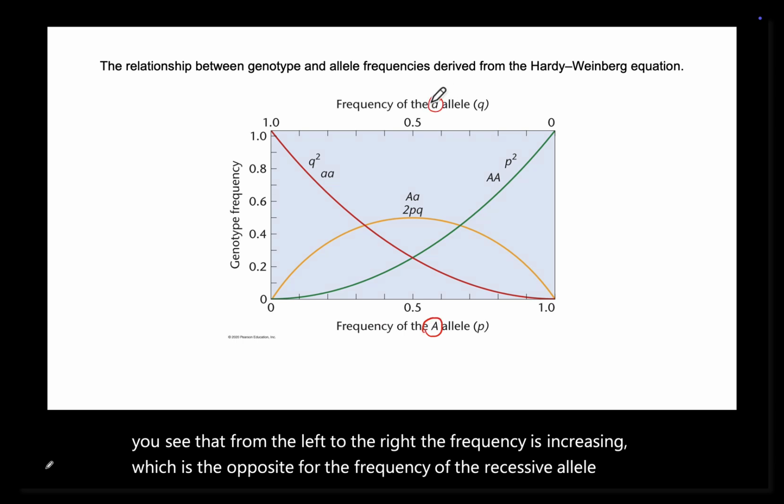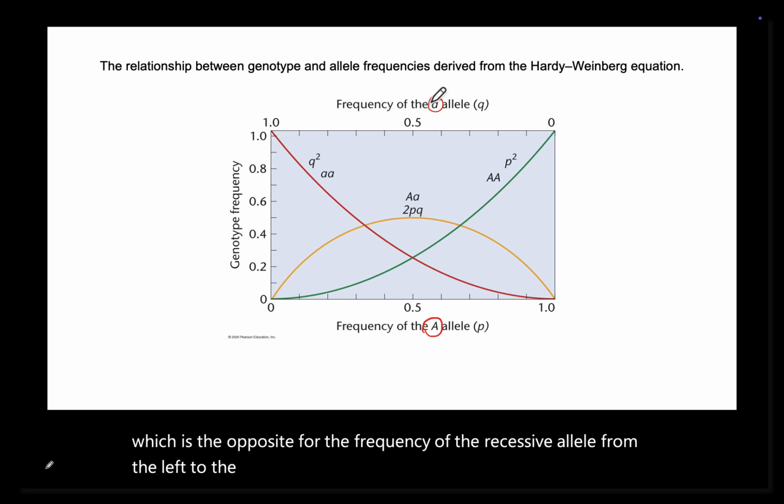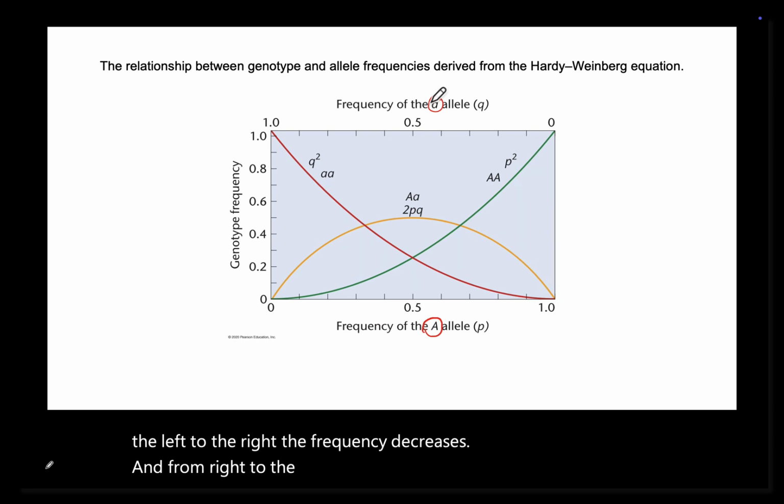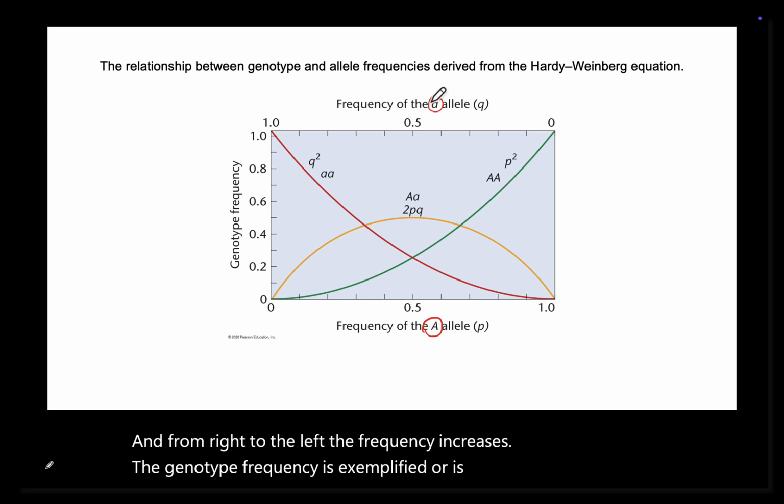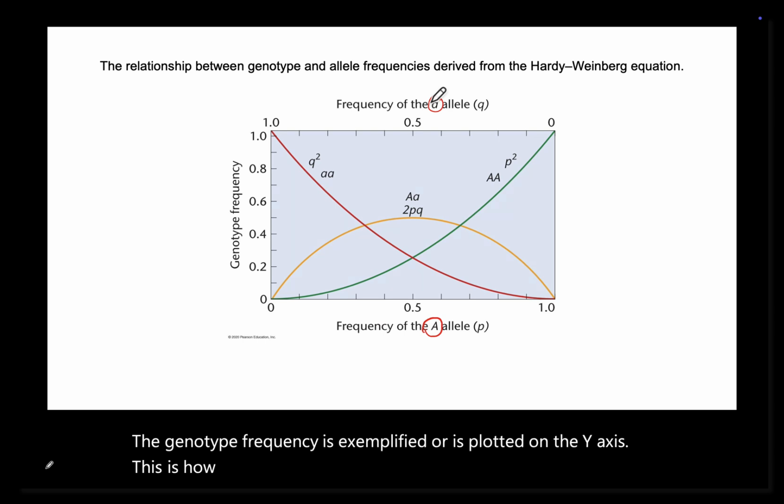From the left to the right, the frequency decreases, and from the right to the left, the frequency increases. Okay? The genotype frequency is plotted on the y-axis. This is how we interpret this graph.